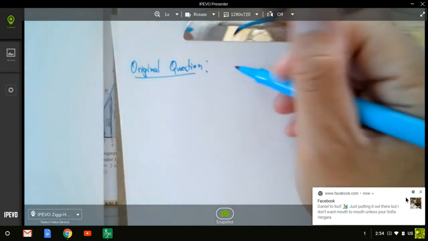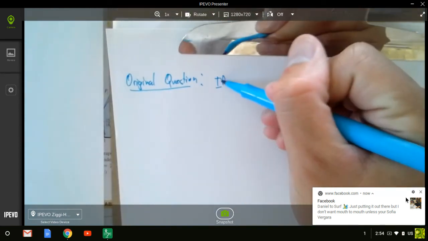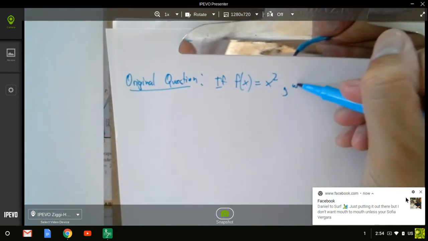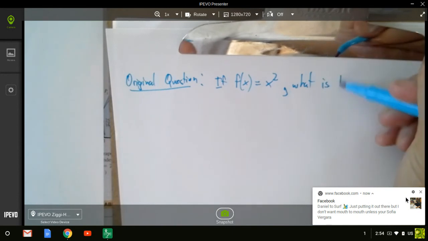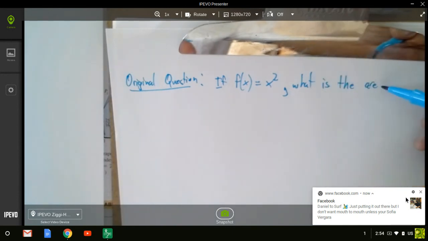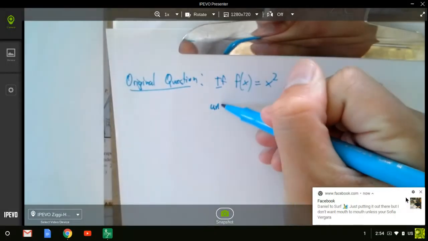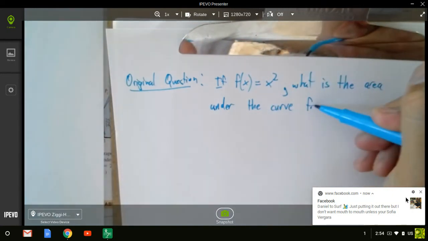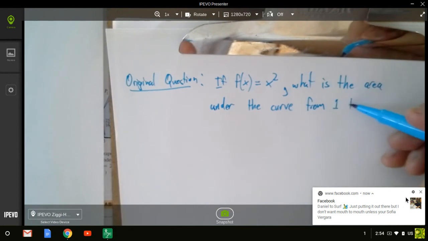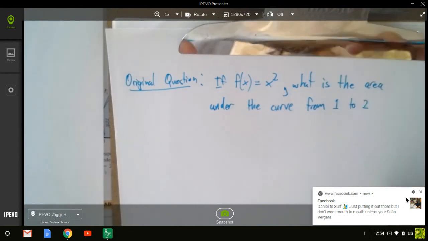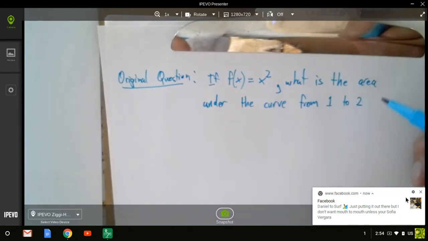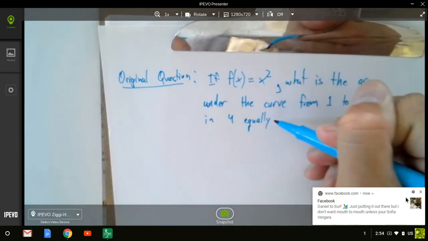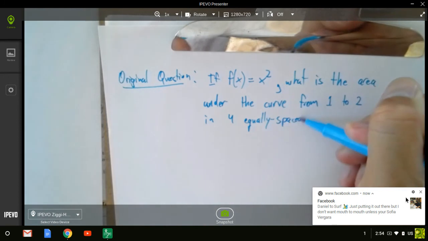Let's make this a little bit more specific. If your f of x was x squared, what was the area under the curve from 1 to 2, in 4 equally spaced trapezoids?